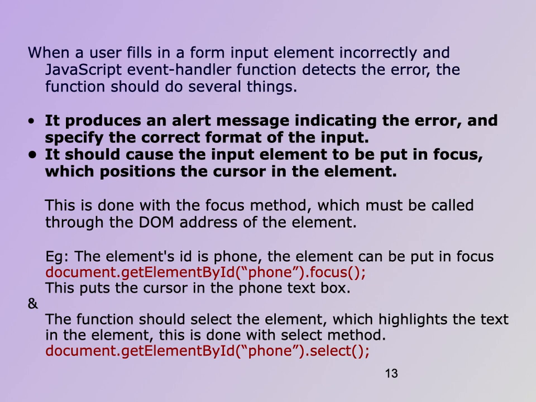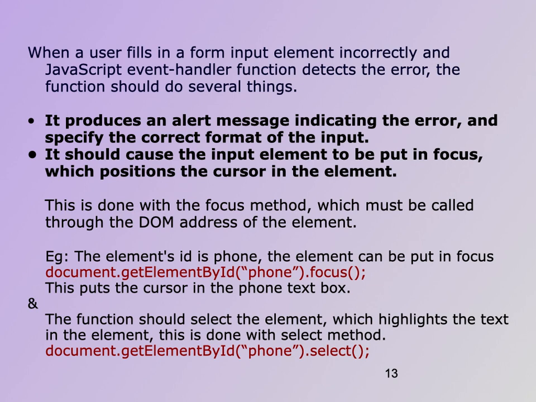In programming we can use the focus method for getting the focus of a particular control, which must be called through the DOM address of the element. For example, if the element's id is font, the element can be put in focus by using the command document.getElementById("font").focus(). This puts the cursor in the font text box, and the function should select the element, which highlights the text in the element.